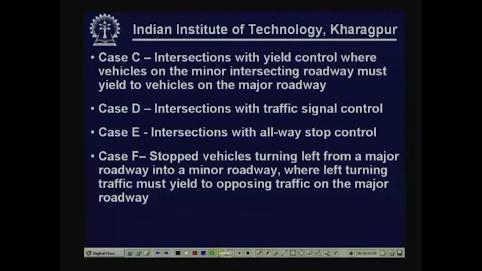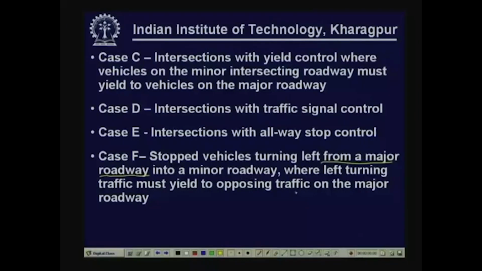One must notice this part, from a major roadway. That means a vehicle which is stopped and trying to take a left turn, following the US convention of driving, and trying to enter the minor roadway, where the left-turning vehicle must yield to opposing traffic again on the major roadway.